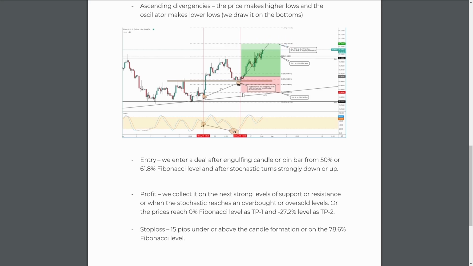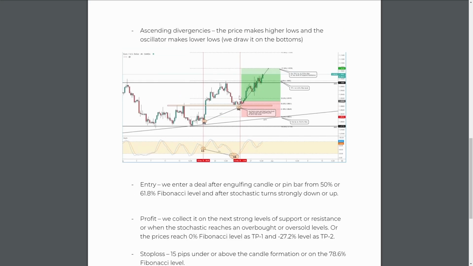Stop is placed 15 pips above the formation of candles or below 78.6 on Fibonacci. You have the option of placing a very shallow stop, not all the way to 78.6, but of course I'm not a fan of shallow stops, because many times manipulations are done and the price could go down a bit more.